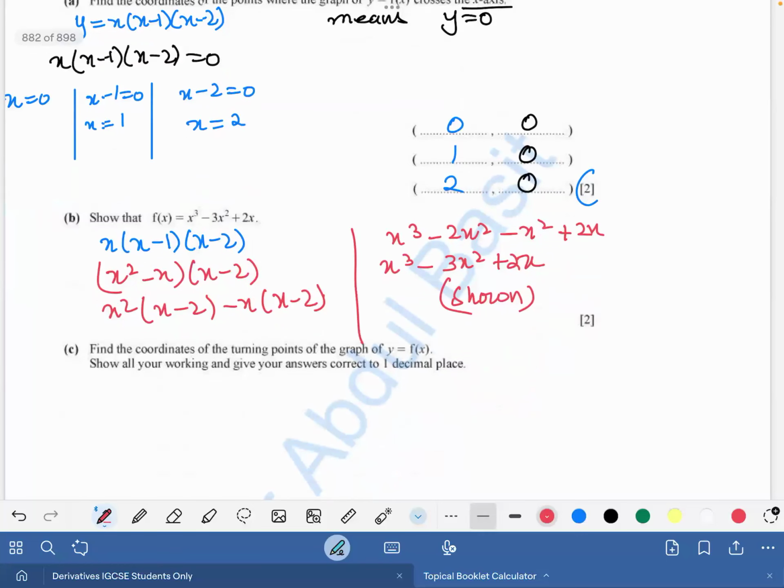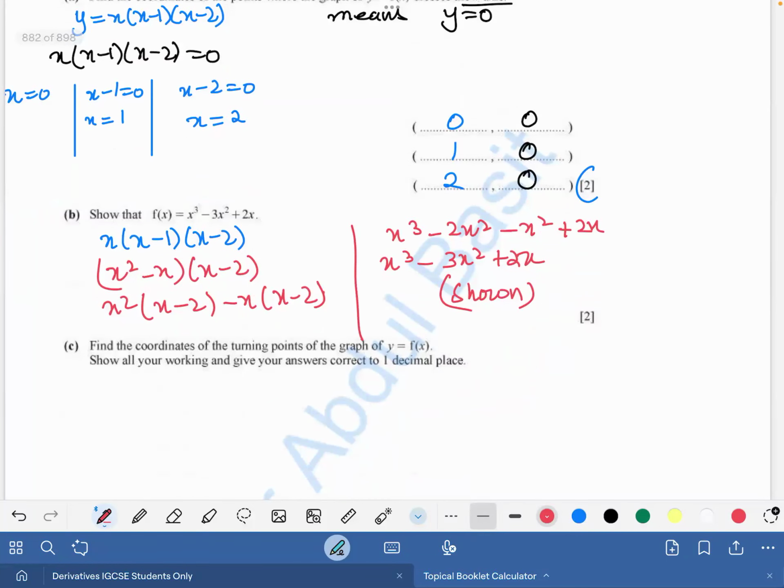Now they are saying find the coordinates of the turning points of the graph. Turning points of the graph बताने हैं. तो Ishal, you have this y is equal to x cube minus 3x square plus 2x equation. Step 1, take derivative. So dy by dx is equal to 3x square minus 6x plus 2.